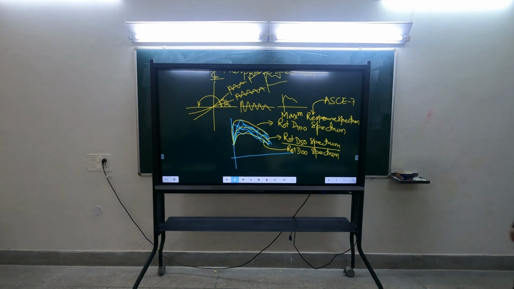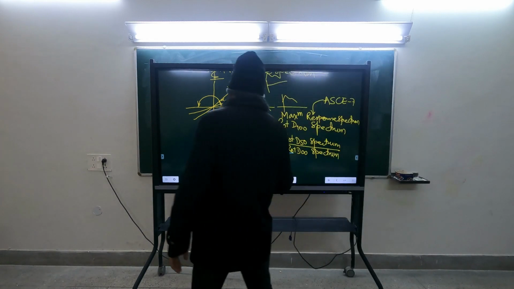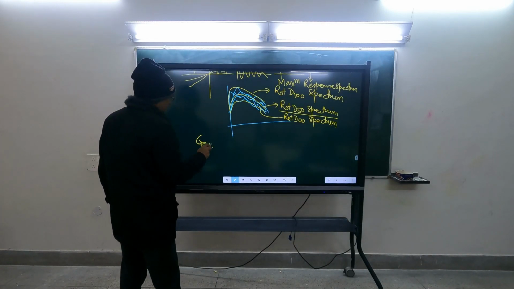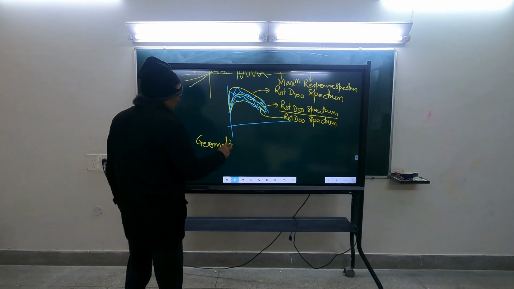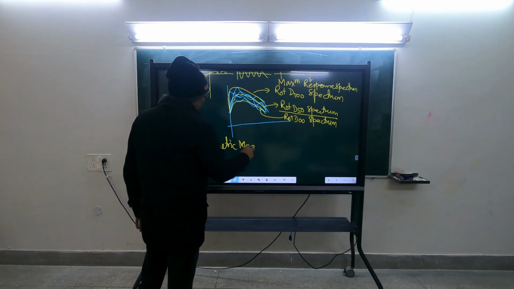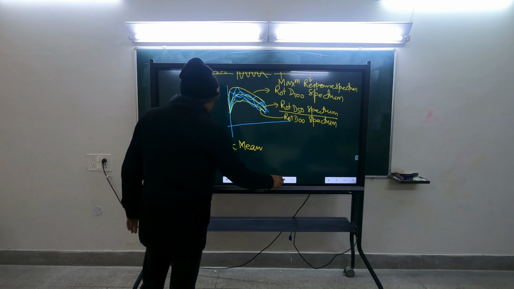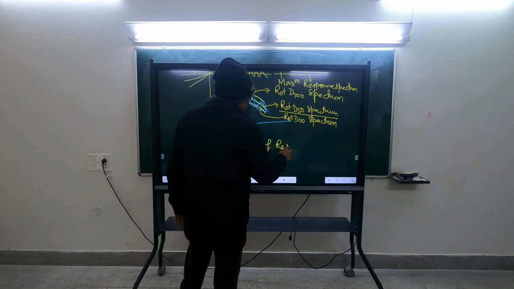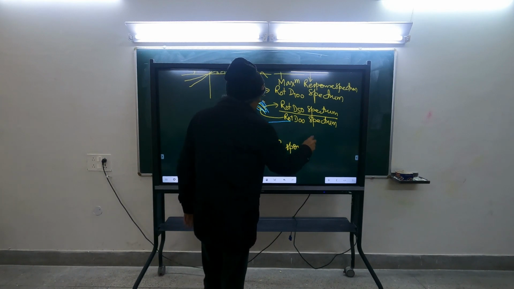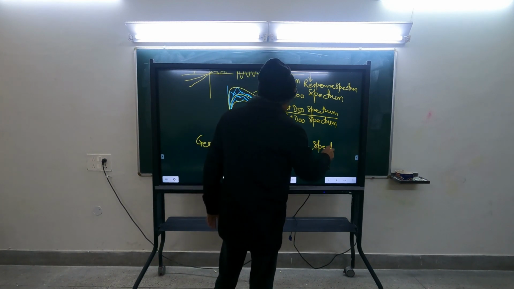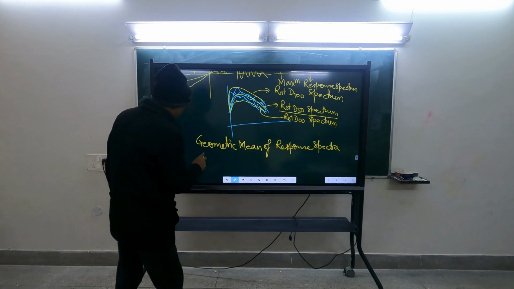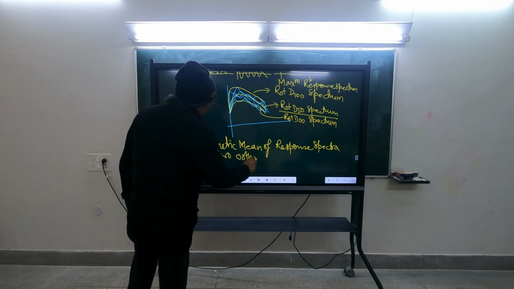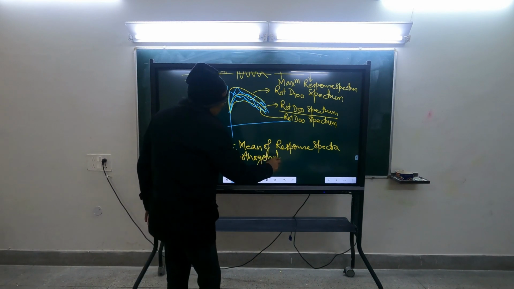In some other codes, the geometric mean of response spectra in two orthogonal directions is used.